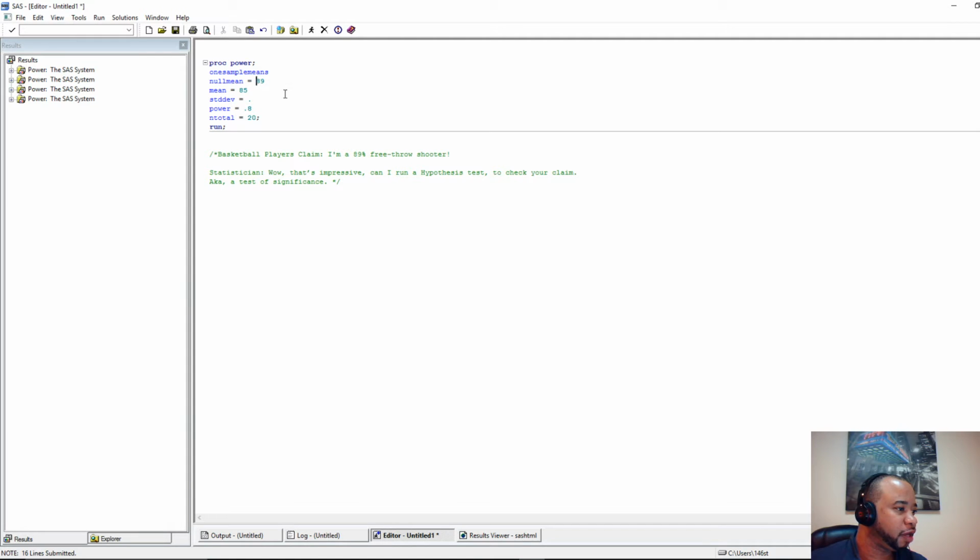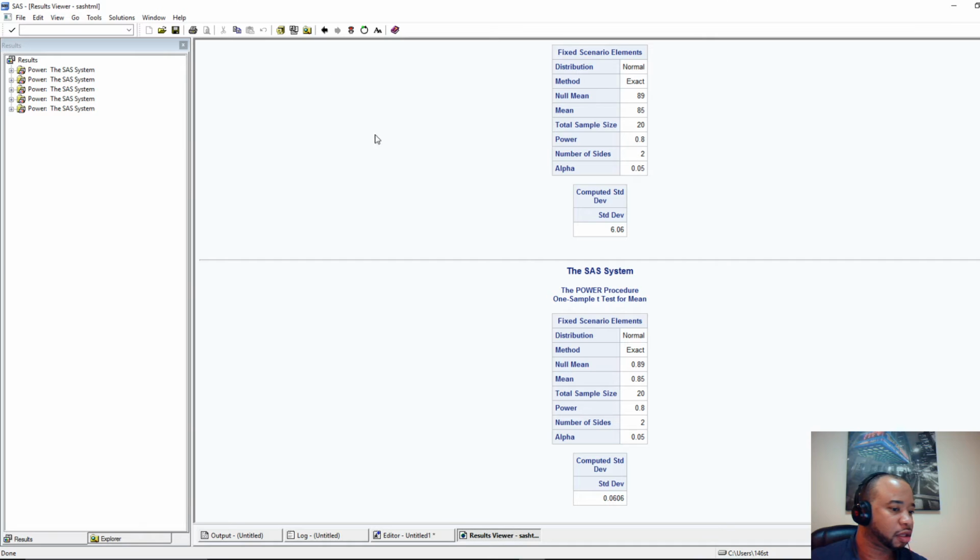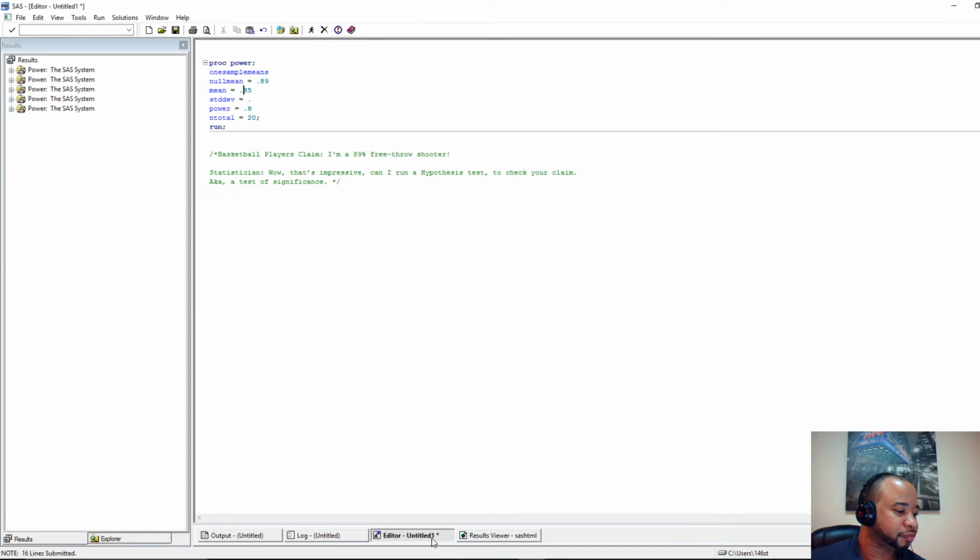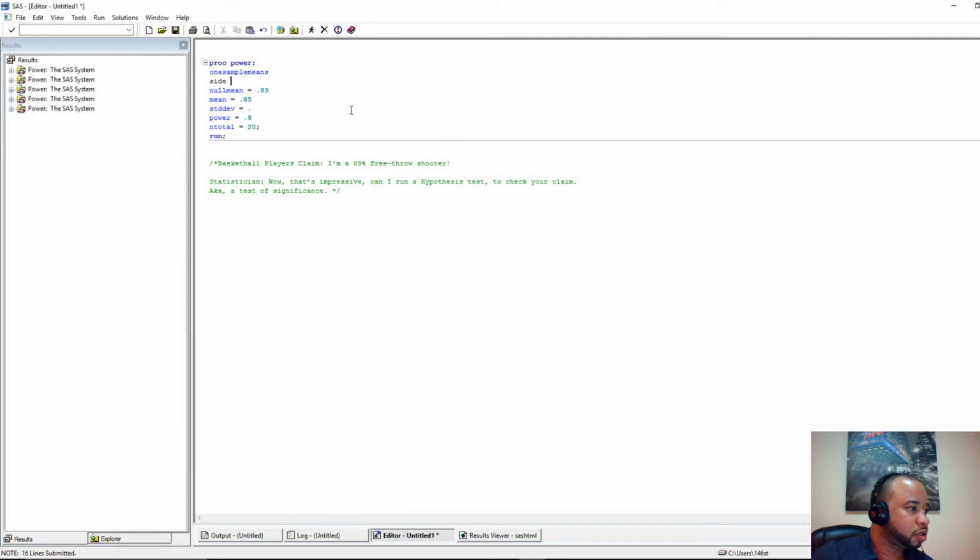Let's see if that would have changed anything. Standard deviation now is 0.06. And let's do sides 1.